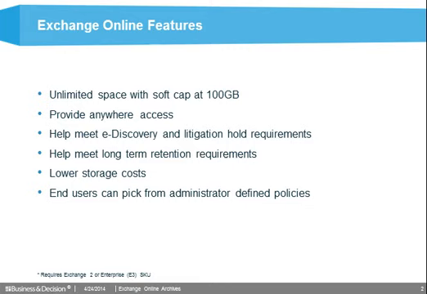I guess the biggest feature when we talk about online archiving is the unlimited space. This is a big thing within Office 365, a big push that Microsoft's making, and just kind of taking space out of the equation for everyone.